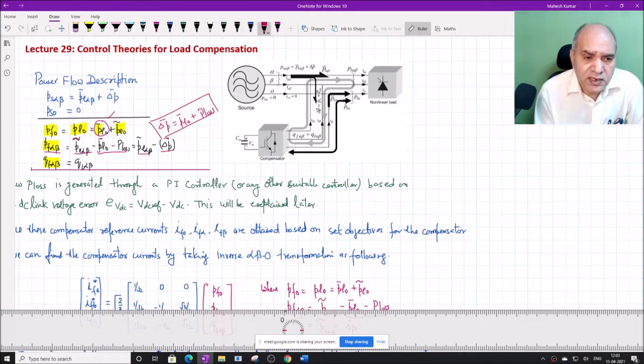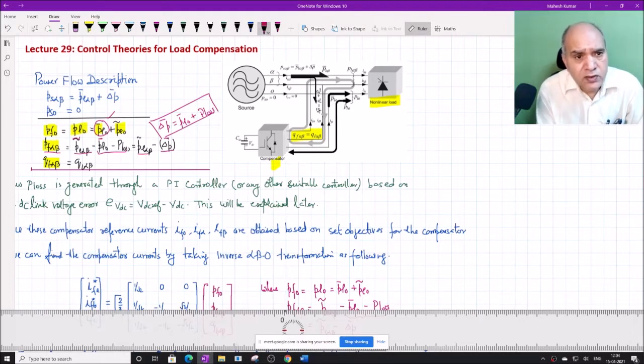The same I have explained in terms of a diagram. You can see this is Q alpha beta, which circulates between the compensator here and the nonlinear load by this gray color loop. And at the load source side, what is the overall source power?